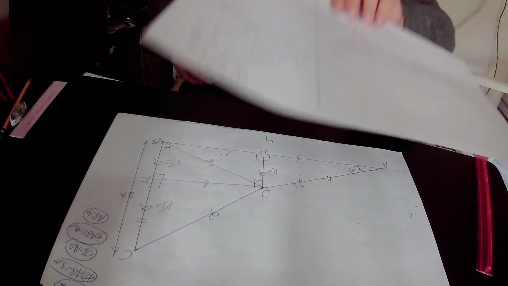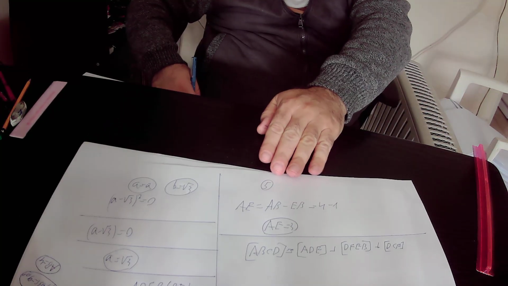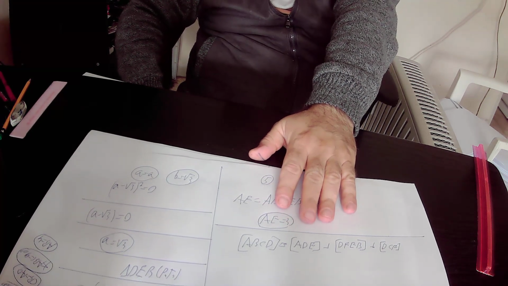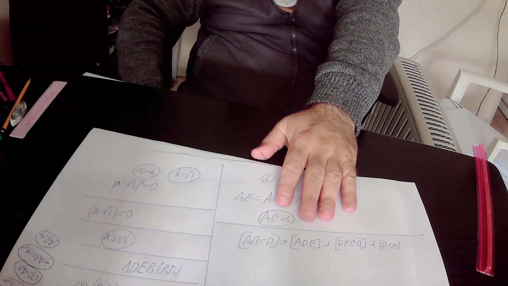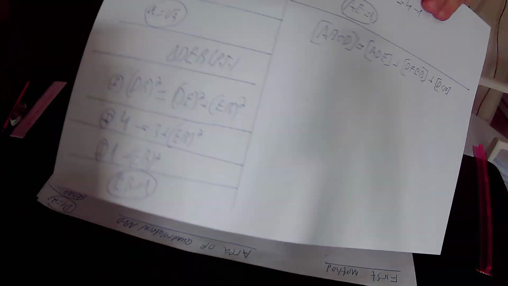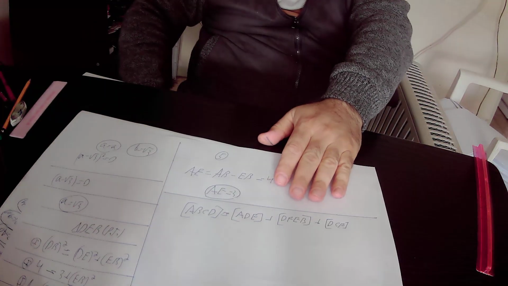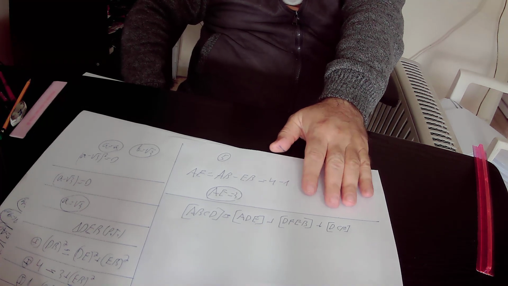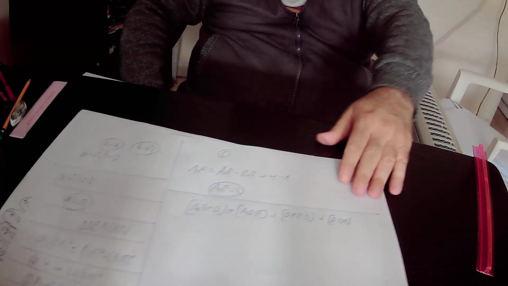I repeat again, the area of quadrilateral ABCD equals the area of the right triangle ADE, plus the area of rectangle DFEB, plus the area of the right triangle DCF.